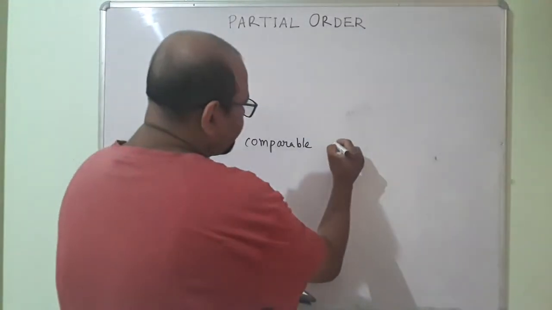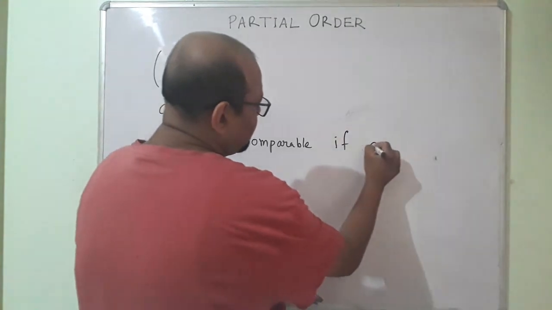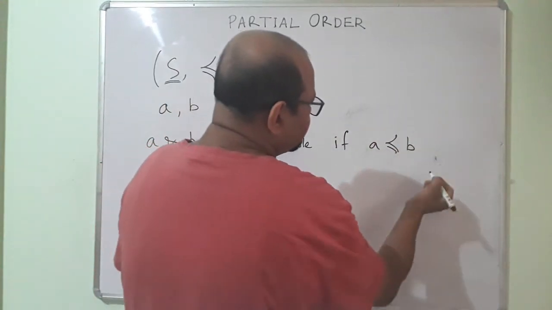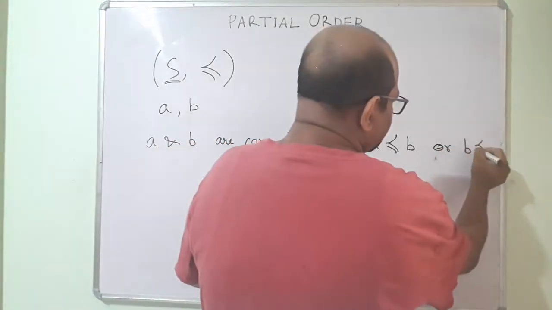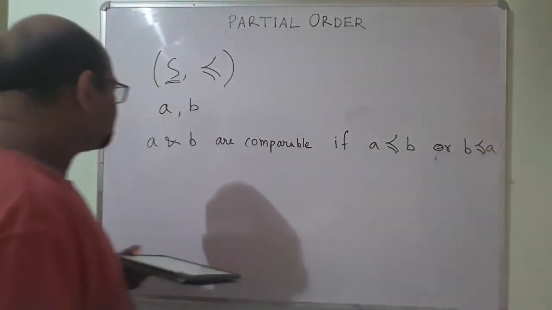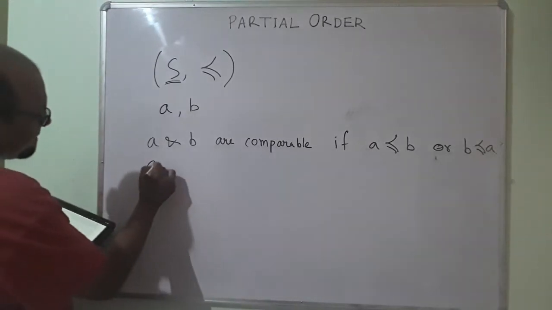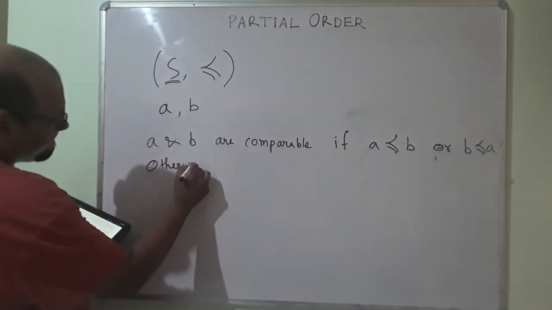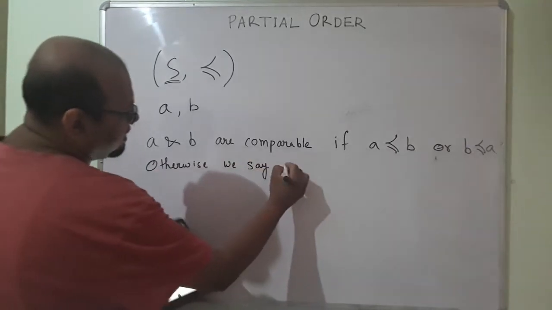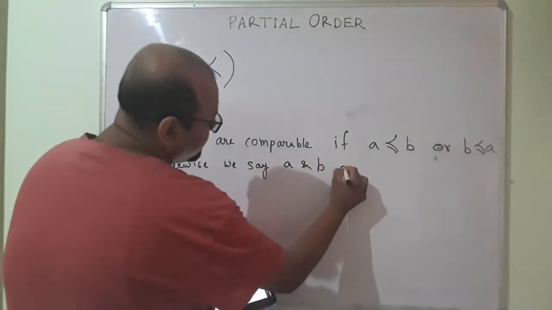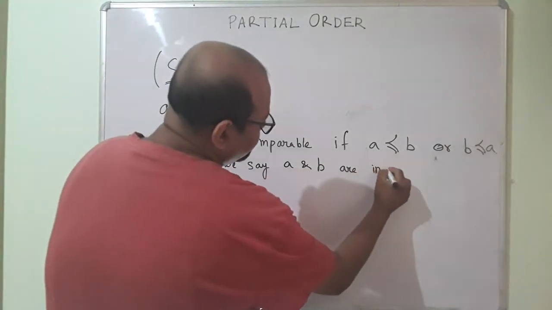That is, A is related to B, or B is related to A. Otherwise we say A and B are incomparable.